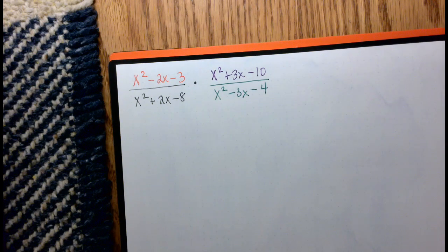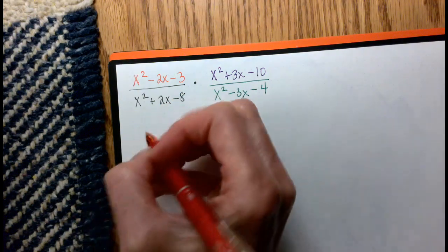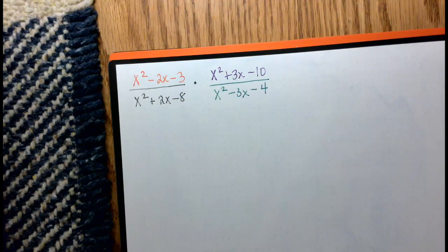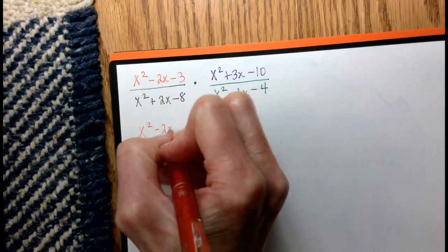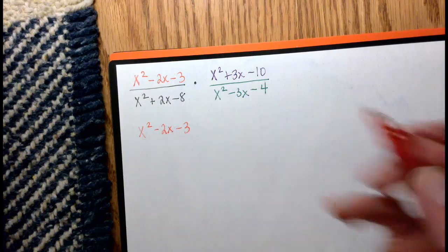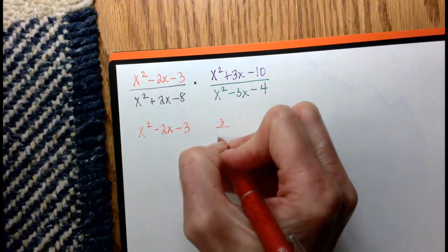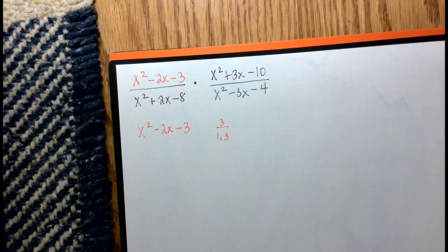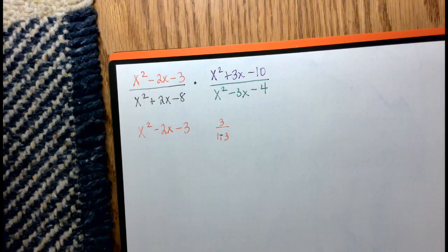So I'm just going to start with the x squared minus 2x minus 3. The factors of 3, because it's 1 times 3, are 1 and 3, and luckily they will combine to be 2. 3 minus 1 is 2, but we really need to do 1 minus 3 to get our value of negative 2.